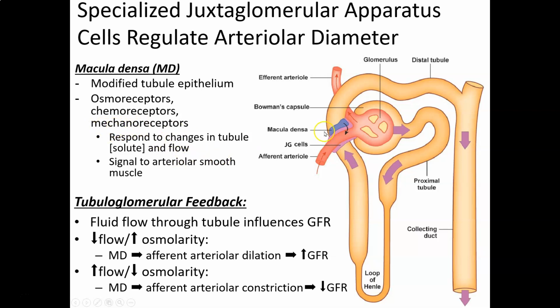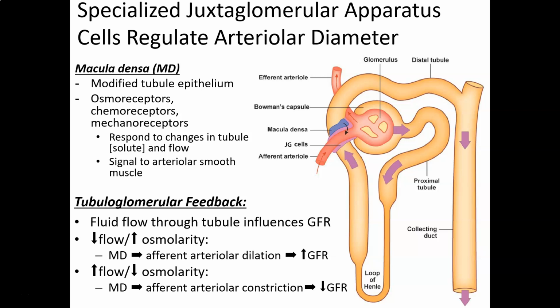And so what they do is they respond to changes in the tubules, and they also monitor the arterioles. And based on changes in the tubule solute or flow or pressure or stretch or chemical or osmolarity, whatever it is, they can signal the arterial smooth muscle, and that can change diameter to change things back. So as an example, if the osmolarity in the distal convoluted tubule was high, right?